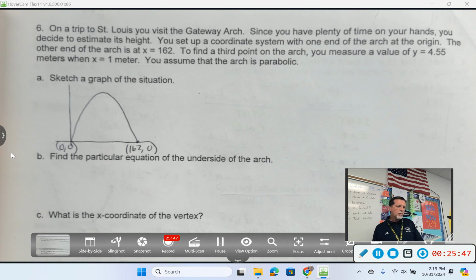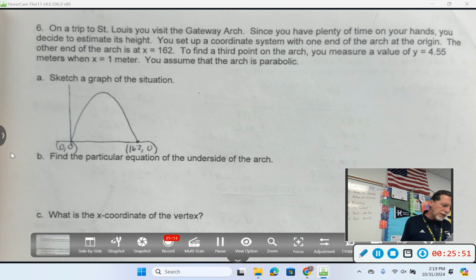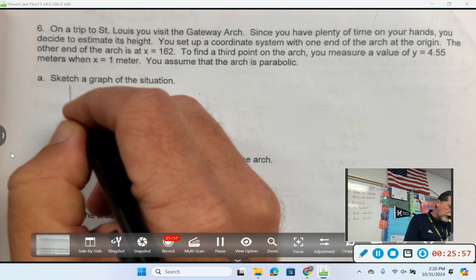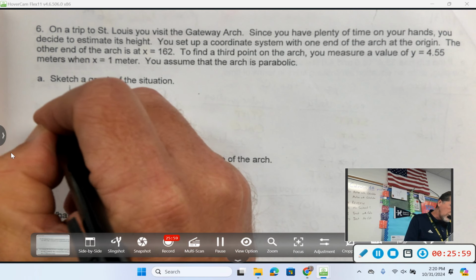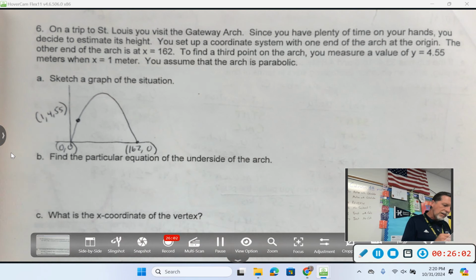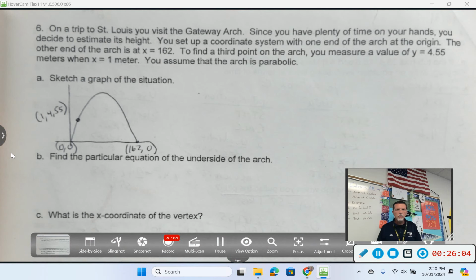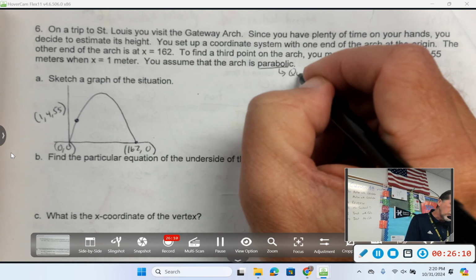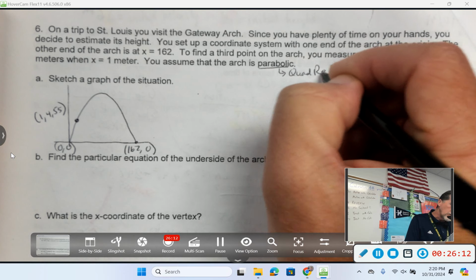To find a third point on the arch, you measure a value of 4.55 meters when x equals 1 meter. So it's telling you that there's a point here that's, this is probably not the scale, but 1, 4.55. You assume the arch is parabolic, which means we'll be headed toward a quadratic regression.